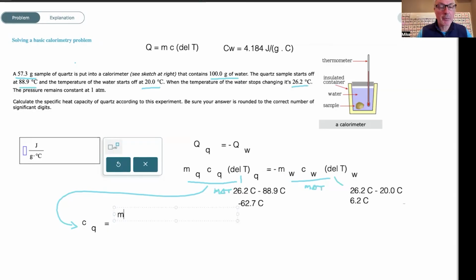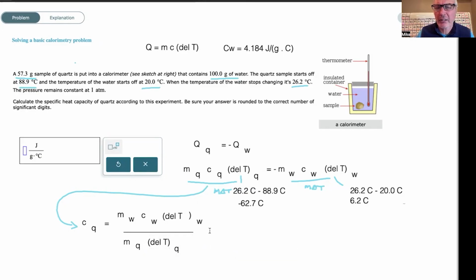It'll be M water times specific heat capacity of water times the delta T of water, divided by the mass of the quartz, and then divided by the delta T of the quartz. And then we just have to be careful about how we put our values in there. Don't mix them up.